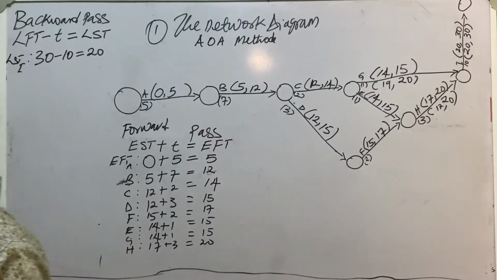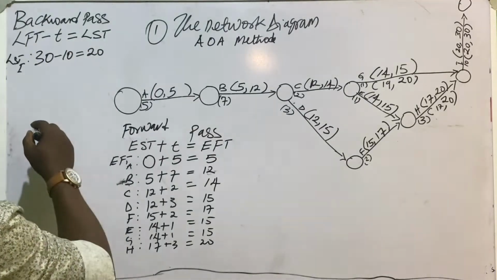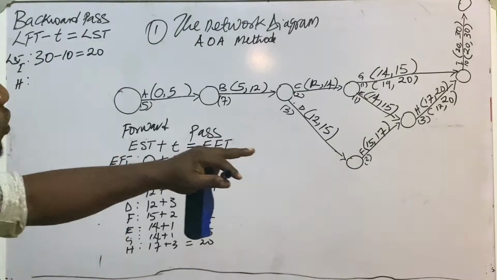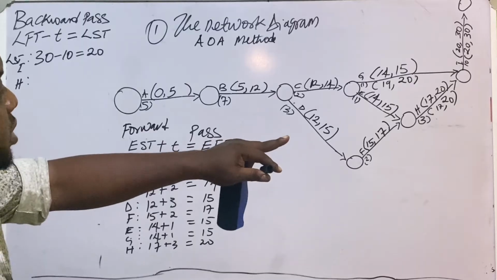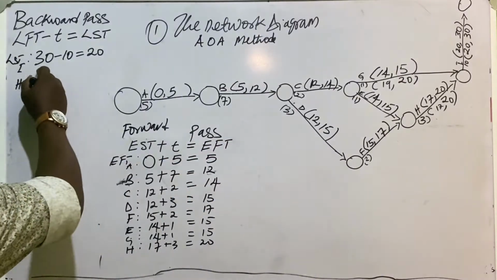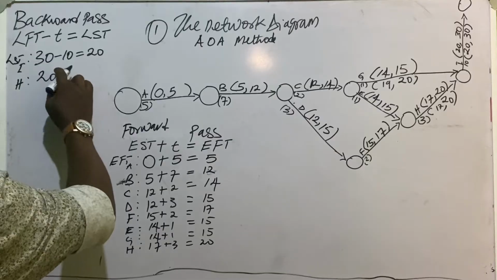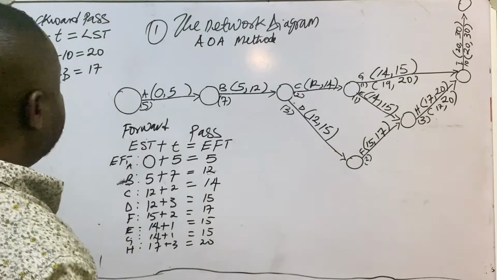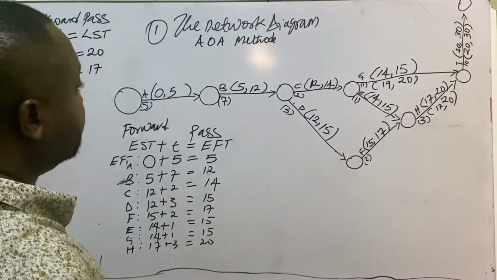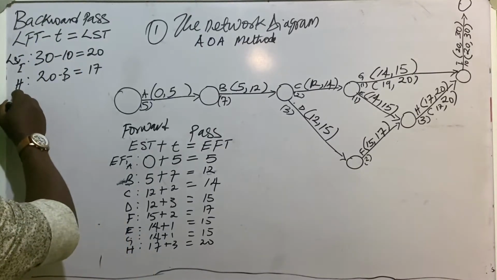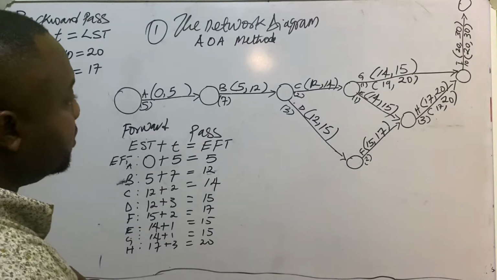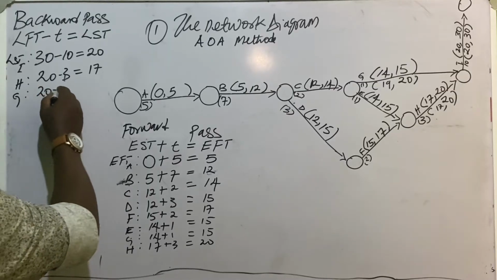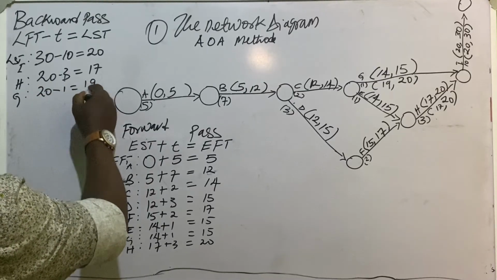LST H will be 20 minus 3, and that gives us 17. And LST G will be 20 minus 1, and that gives us 19.